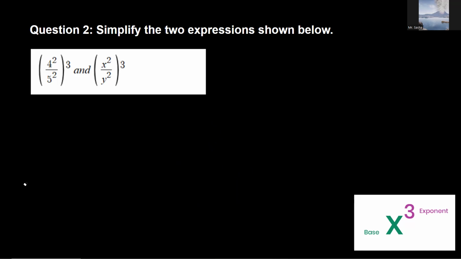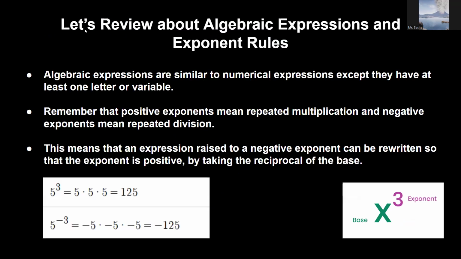So we can make a summary of all the information we learned. Remember that algebraic expressions are similar to numerical expressions. Algebraic expressions have at least one variable. Numerical expressions are mostly numbers.